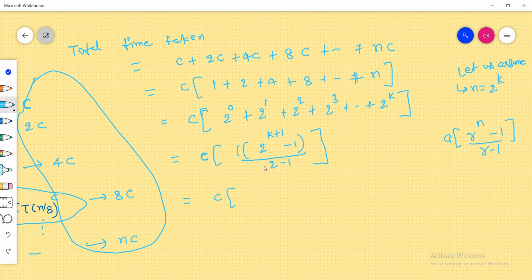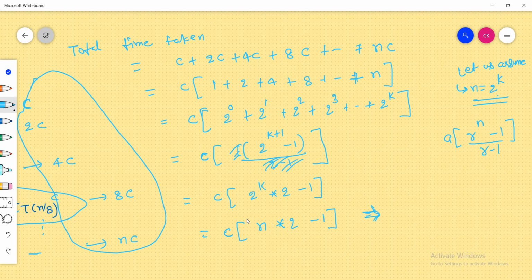Moreover, this is 2 minus 1, 1, and this is also 1. So c into 2 to the power k, and can we write multiply by 2 and minus 1. So this is nothing but some constant c into, and we have already assumed that 2 to the power k is n. So this is n and multiply by 2 minus 1.